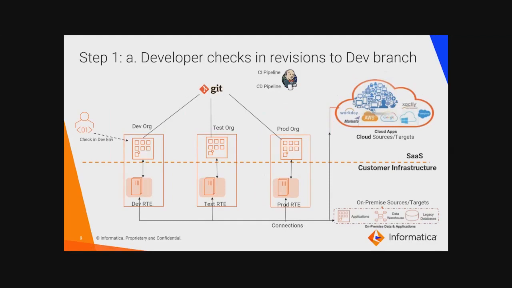Suppose I'm playing the role of a developer in a project, working on new code or a change of code. I got a task from my lead, which includes creating a new mapping task or task flow, or modifying a particular mapping task or task flow in the dev environment, because we want to perform some activity required by the business.